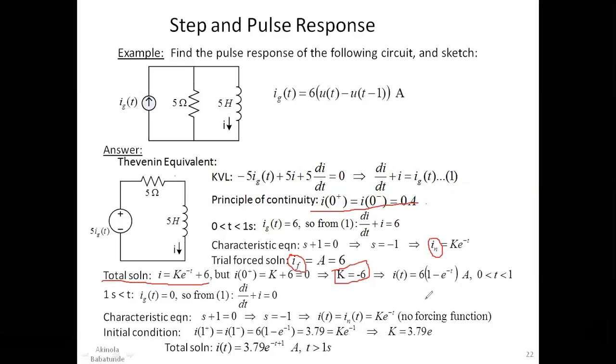If you rewrite that, it gives you 6 times the bracket 1 minus e to the minus t, for t greater than 0 and less than 1, in amperes. This is going to be the total response in the circuit.